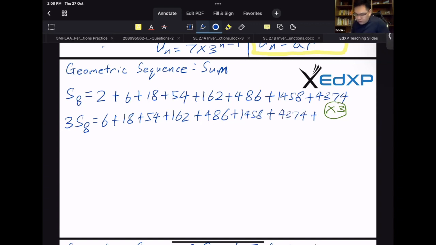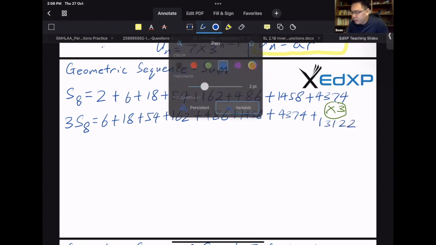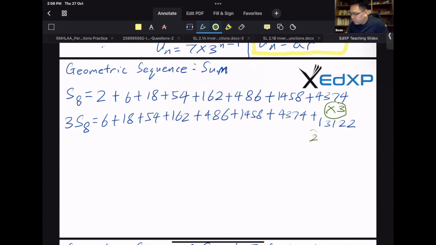So what we're doing is just multiplying by 3 on the left and right. Then what I'll do next is take equation 2 and subtract equation 1.